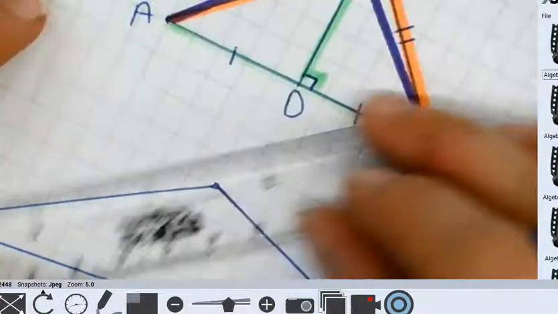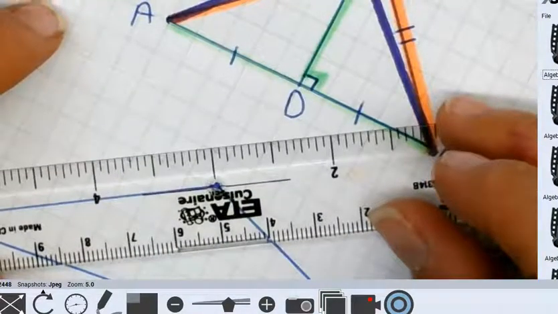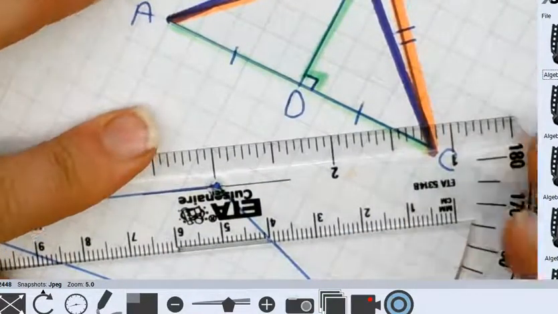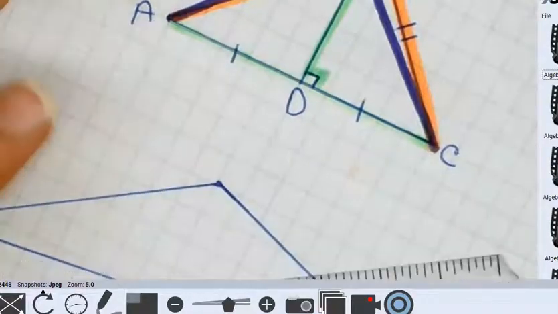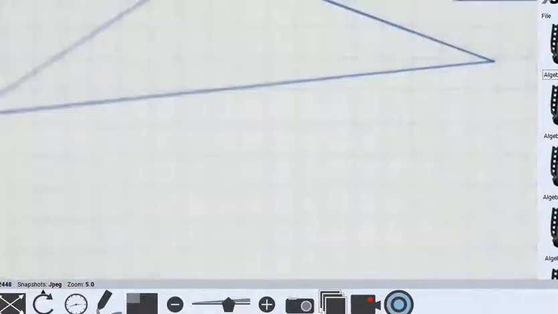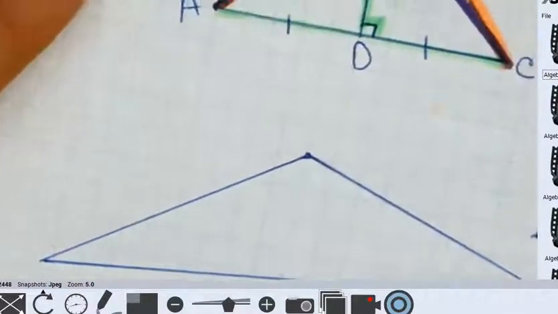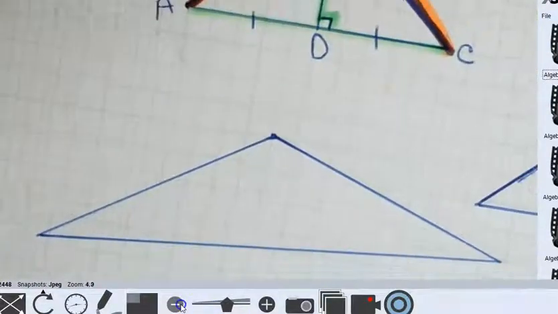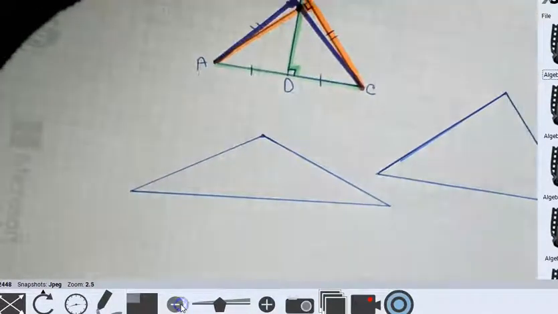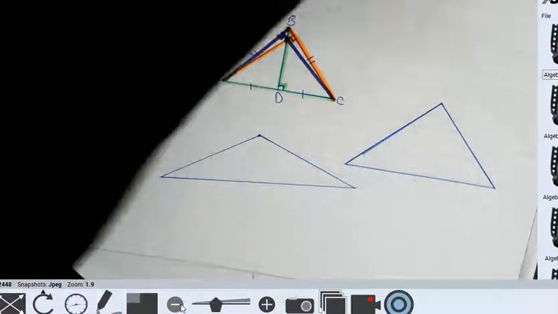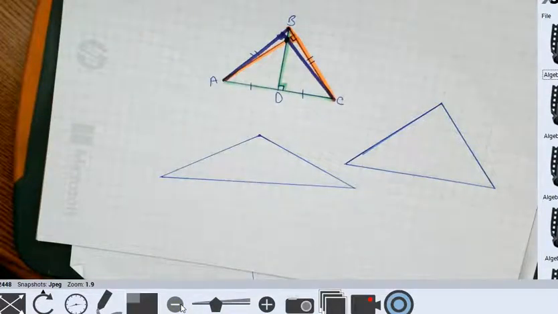All right, so let's check this angle. It is definitely obtuse. Okay, so we're good. I can finally draw an obtuse triangle, an obtuse isosceles triangle. So let's zoom out on this a little. Okay, my first attempt was acute. My second attempt ended up being right. The third attempt, I finally have an obtuse.